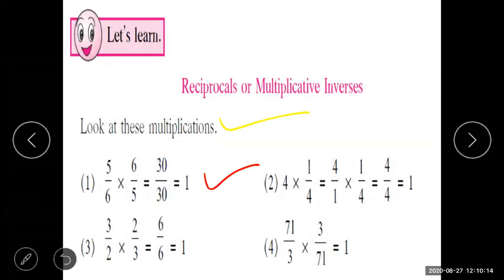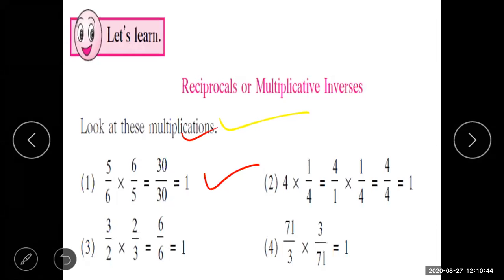See the first one. The first one is given: 5 upon 6 multiplied by 6 upon 5. Here, multiplication, I have explained to you that you have to multiply the front numbers, that is 5 into 6. 5 sixes are 30 and 6 fives are also 30. So here it is written 30 upon 30.